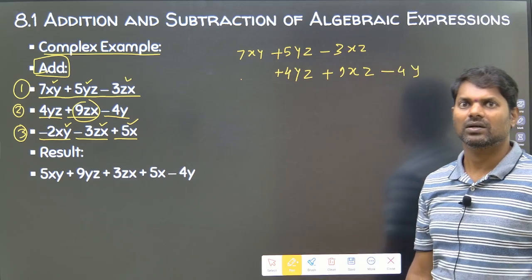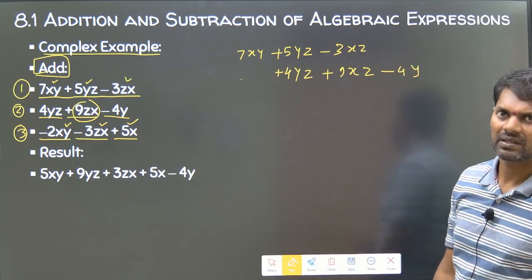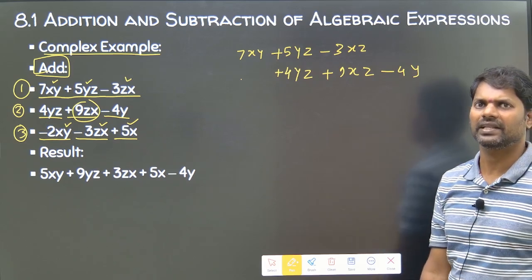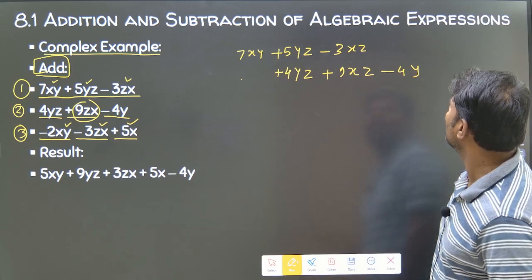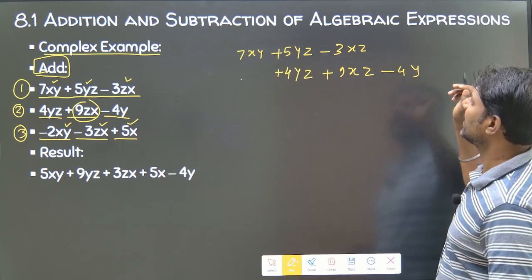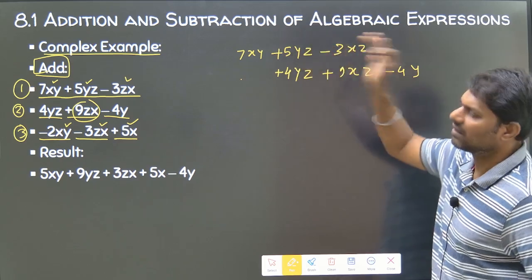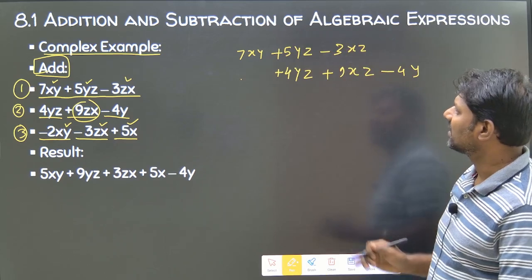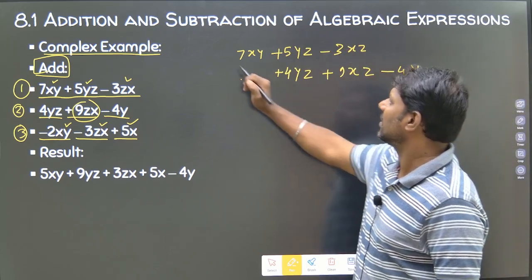What does rule number 2 say? The term which is not matching, you write it separately, do not write them together. So, minus 4y is not matching with the first expression. Then the second expression we have written.